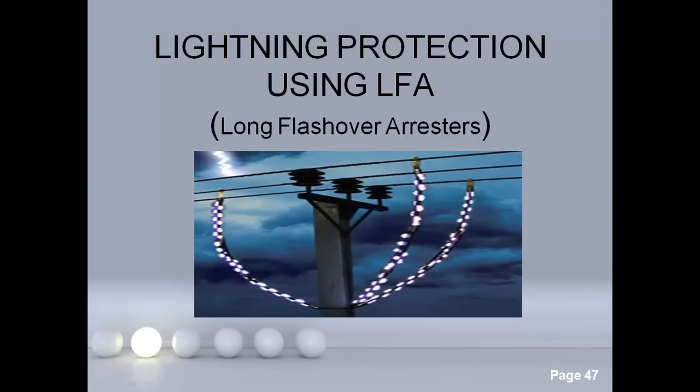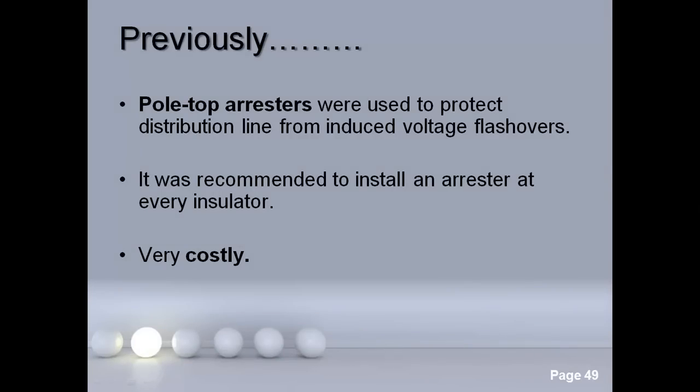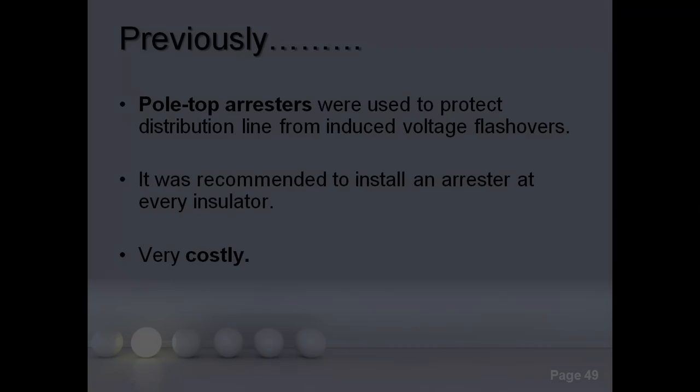Now lightning protection using long flashover arresters. Here is a big picture of lightning, what a lightning can actually do. Previously, pole tap arresters were used to protect distribution lines from induced voltage flashovers. It was recommended to install an arrester at every insulator, but it was very costly.